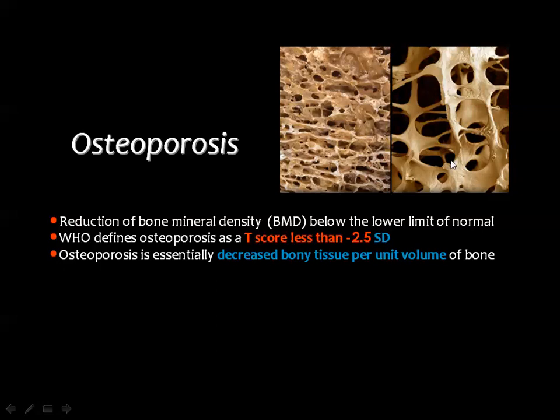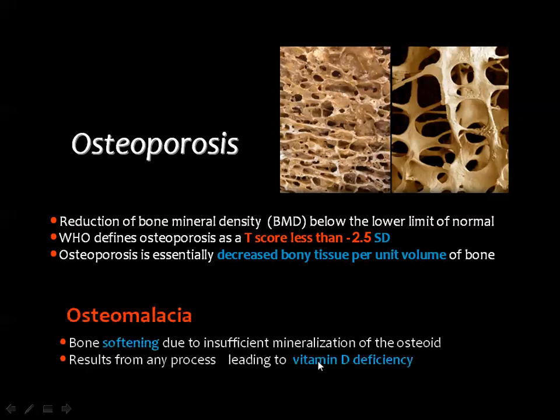Porotic means that there are pores inside the bone that are devoid of osseous material. Then osteoporosis is usually measured by many mechanisms, and the WHO defines osteoporosis as a T-score less than minus 2.5 standard deviation, as I will mention in a moment.